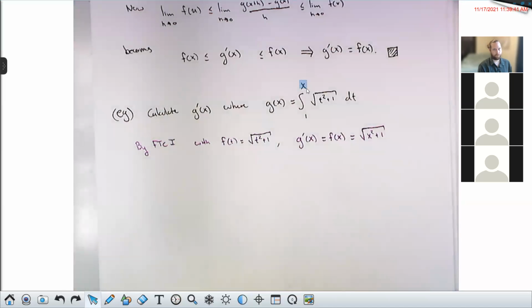So you just take this variable up here and plug it into this function. That is the derivative of this thing.